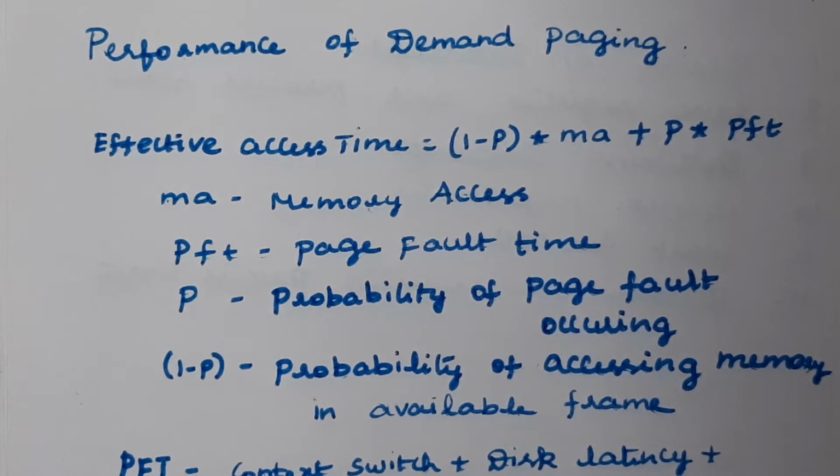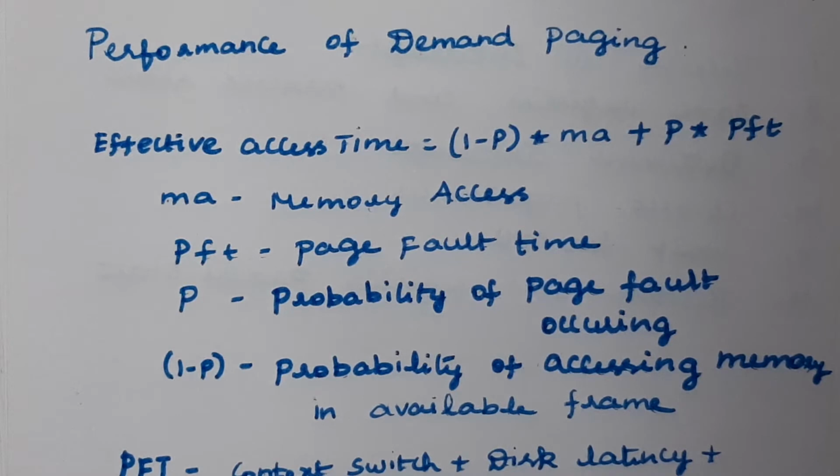The memory access time, represented as MA, ranges from 10 to 200 nanoseconds. This is the usual memory access time for any page that you want to refer.